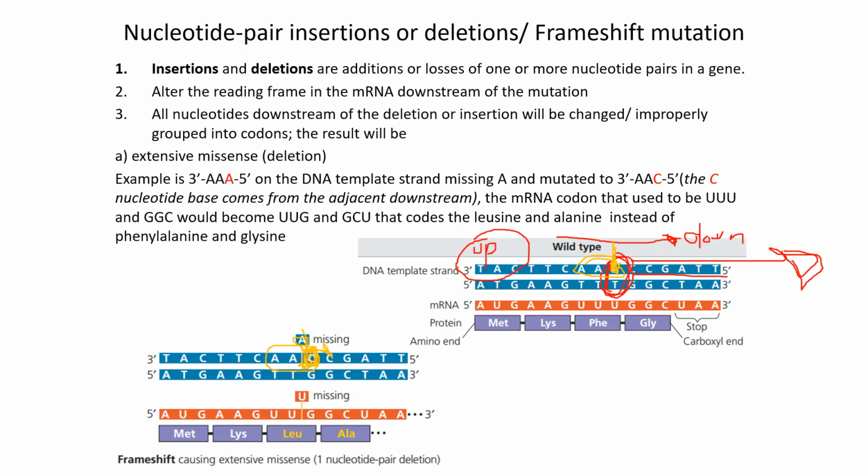So the mRNA codons that used to be UUU and GGC, if you follow the sequence, would become UUG and GCU. That codes leucine and alanine instead of phenylalanine and glycine.